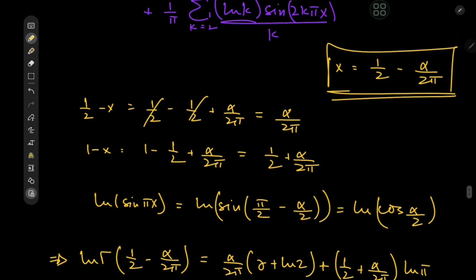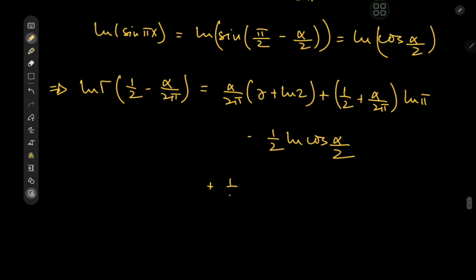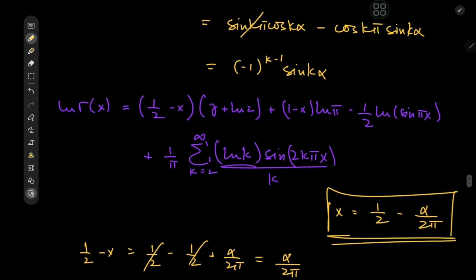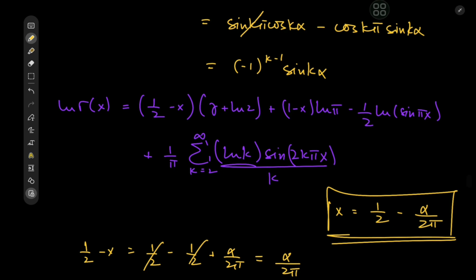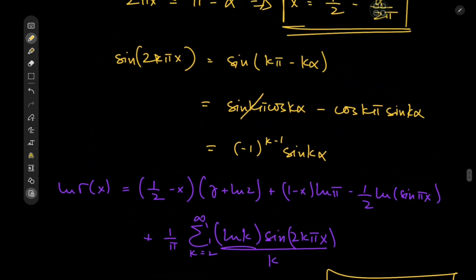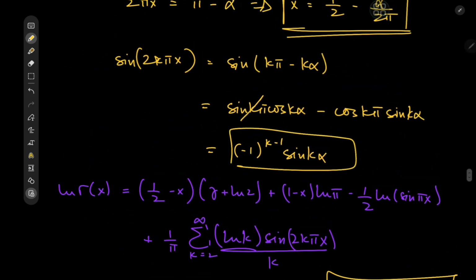And finally, we have plus 1 over pi times the sum over, wait, let me think this through. We have the sum over k, log k, sine of 2k pi x. And all of that 2k pi x stuff was actually equal to this stuff. Again, quite nice.